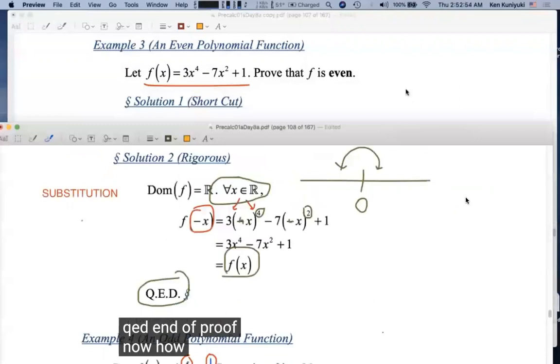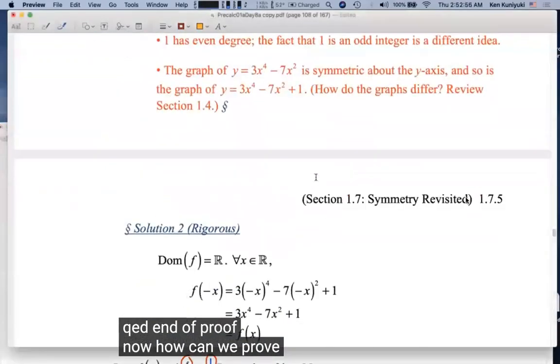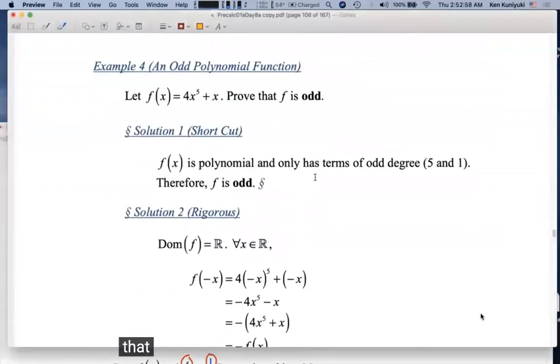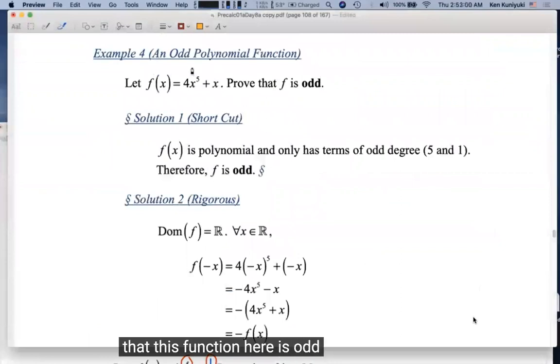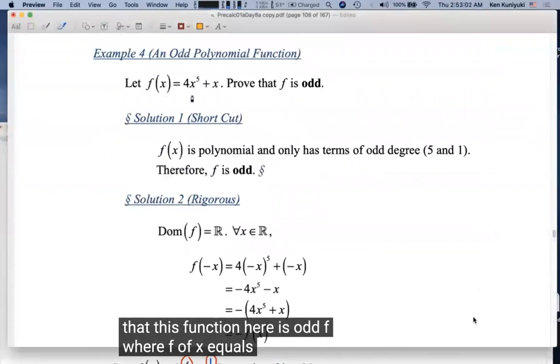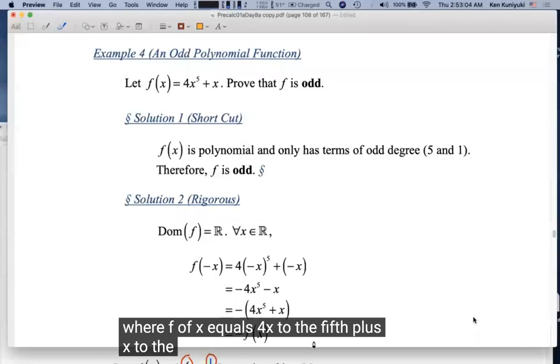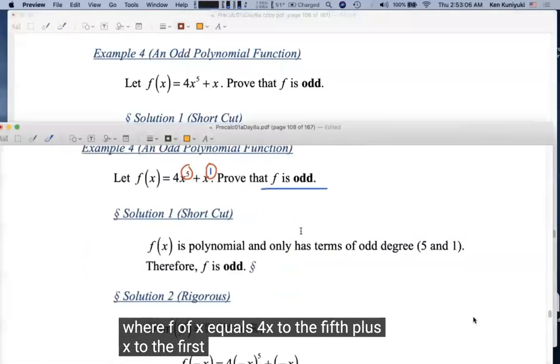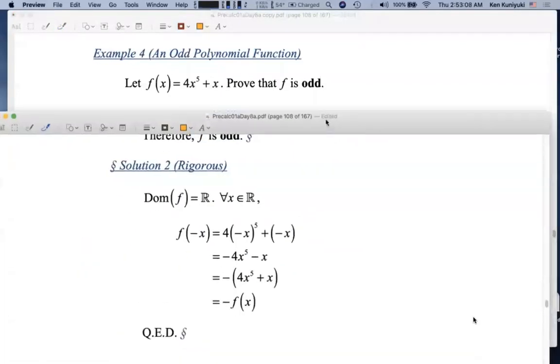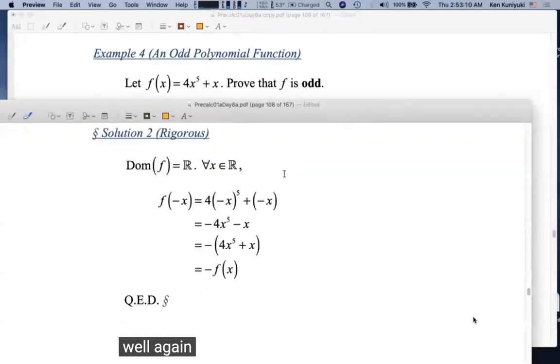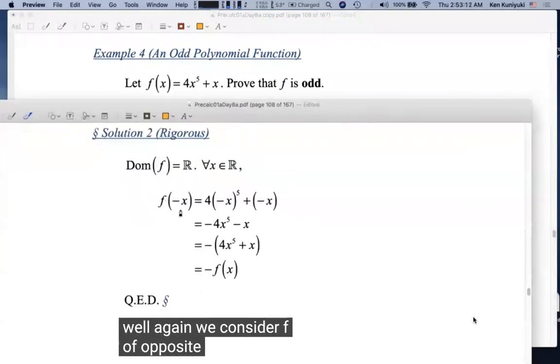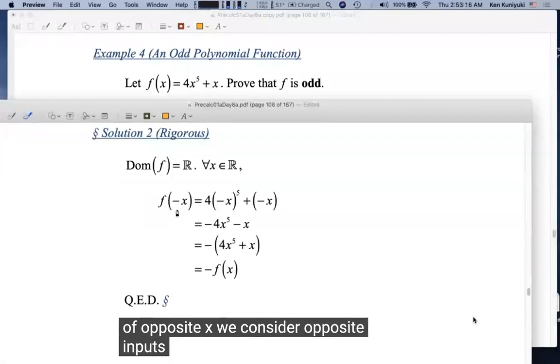Now, how can we prove that this function here is odd? F, where f of x equals 4x to the 5th plus x to the 1st. Well, again, we consider f of opposite x. We consider opposite inputs.